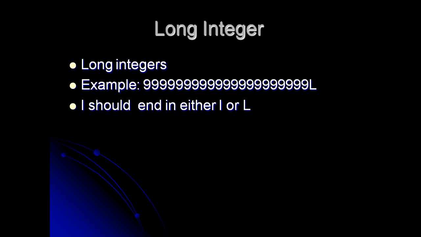Similarly, you can work with a long integer. Whenever you want to declare the variable as a long, you just assign the long integer value. At the end you have to give L, the capital letter or small l, then the data type will be internally declared as long.